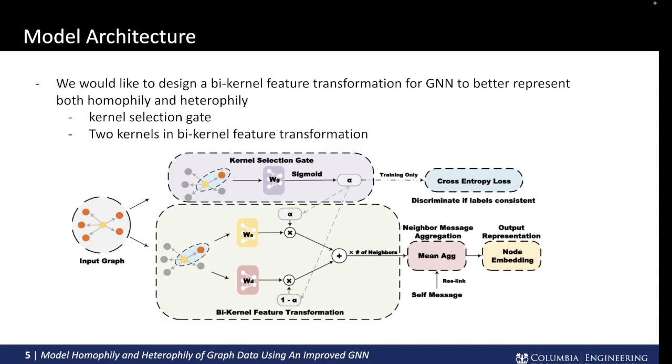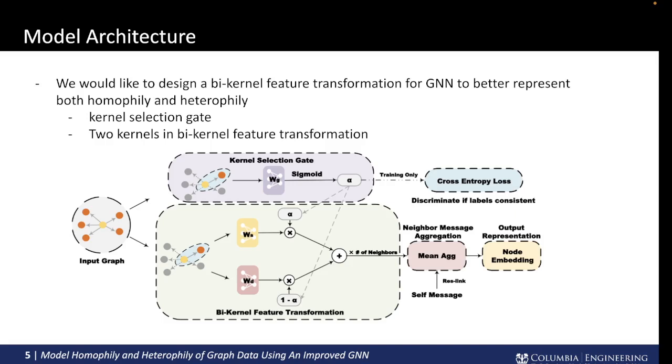A lot of research works have proved that common GNNs, such as GCN, have strong power to model the homophily property of graphs, while their ability to capture the heterophily property is often doubtful. This is partially caused by the design of the feature transformation with the same kernel.